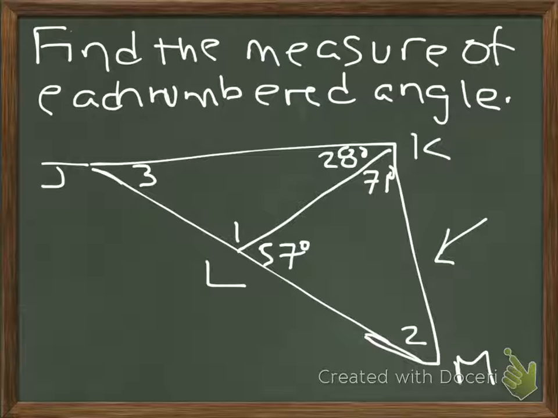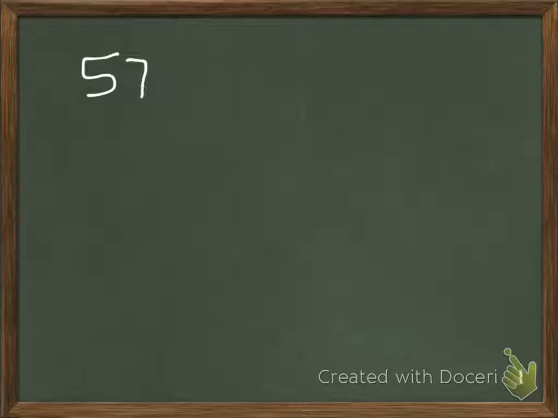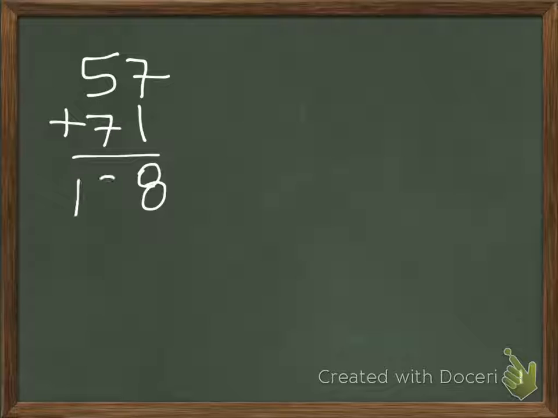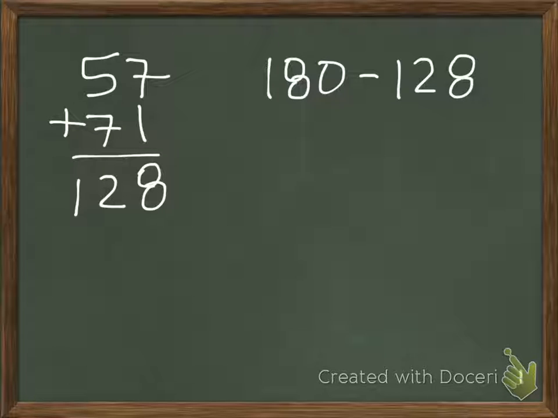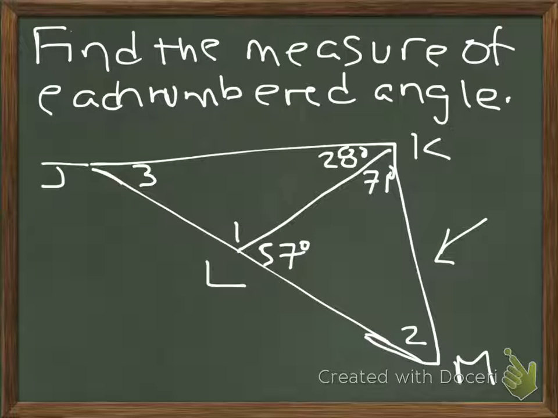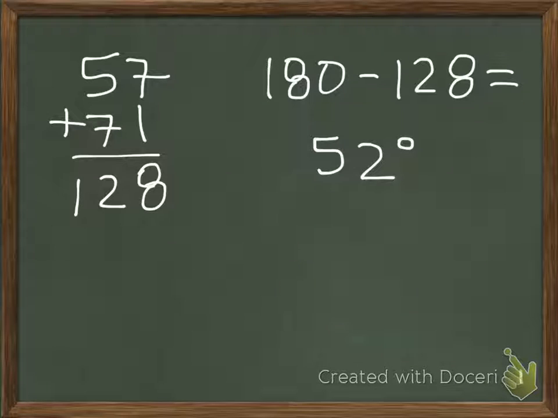If we add those up, we have 57 plus 71, which gives us 128. Since the angles of a triangle need to add up to 180, we subtract 128 from 180, and that gives us 52. So our third angle, which is labeled as angle 2, is 52.